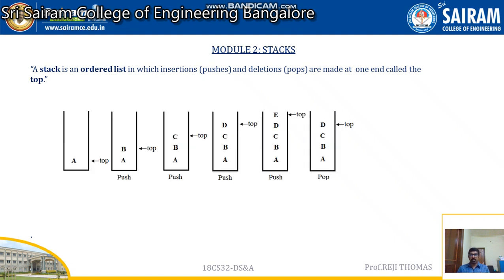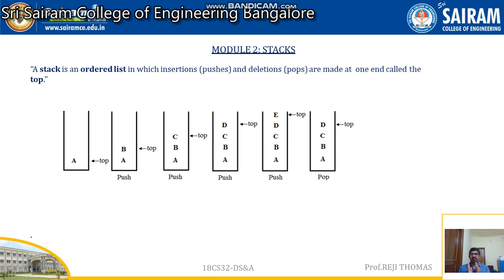Okay. So please look at the diagram. Look at the first diagram where we have inserted a single character. The character is A, and you can also see that there is a variable called top. Top is a pointer variable which always contains the topmost element in the stack.